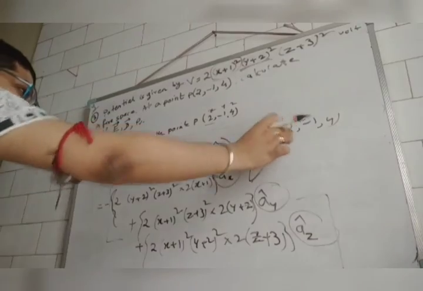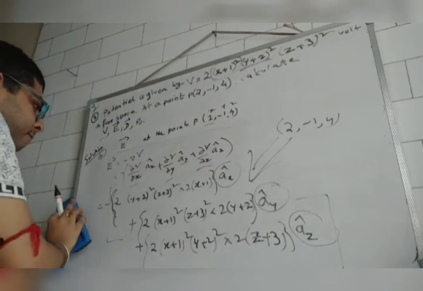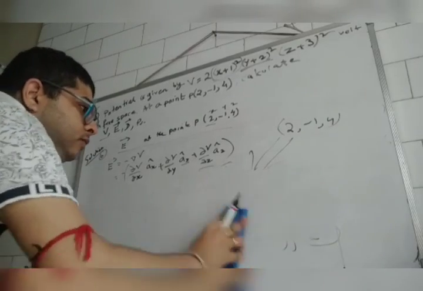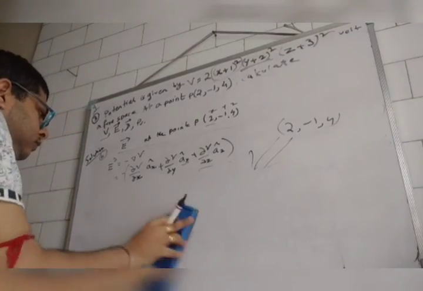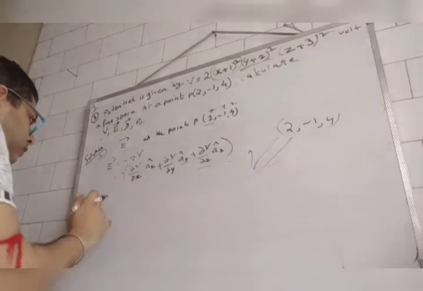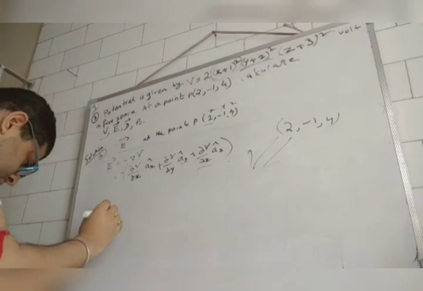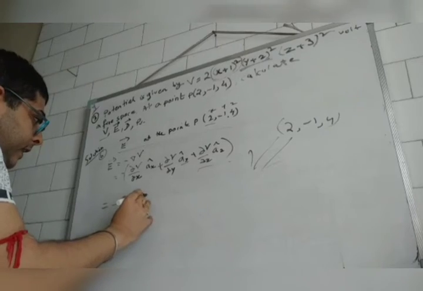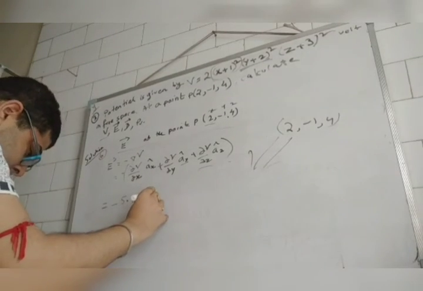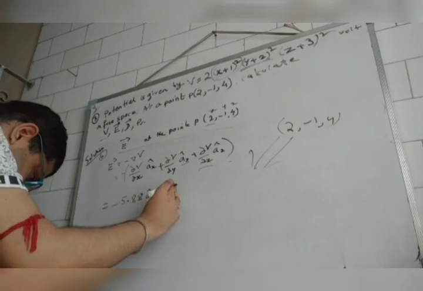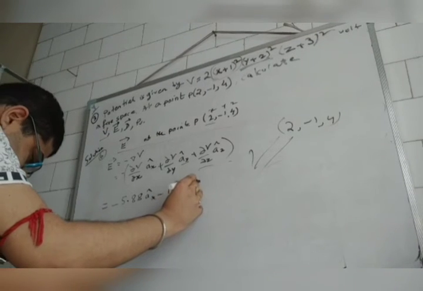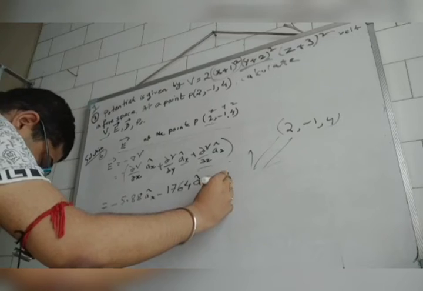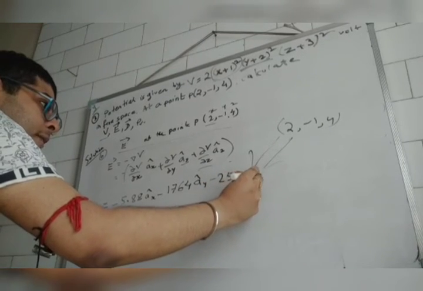If you put this value here, you will be getting this will be basically minus 5.88 ax cap, minus 1764 ay cap, minus 252 az cap.